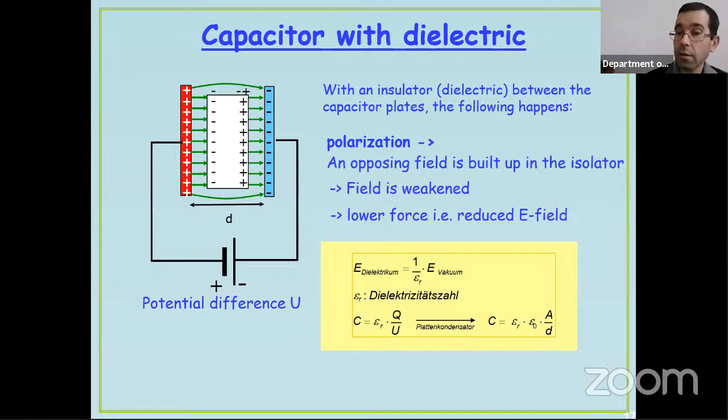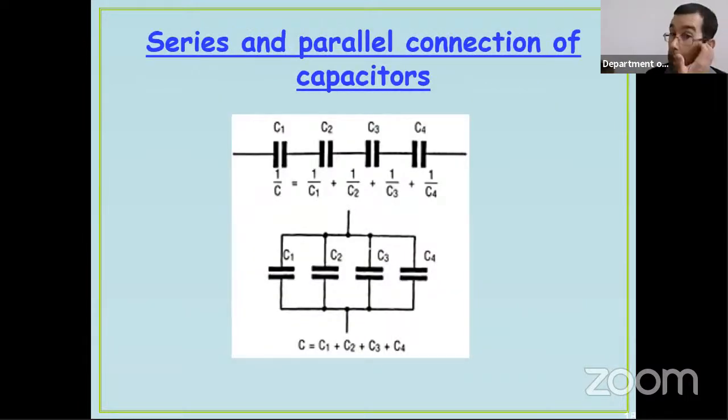It can be calculated as a product of the permittivity of free space, epsilon 0, and the relative permittivity, which is characteristic of the given material. It's a material constant.